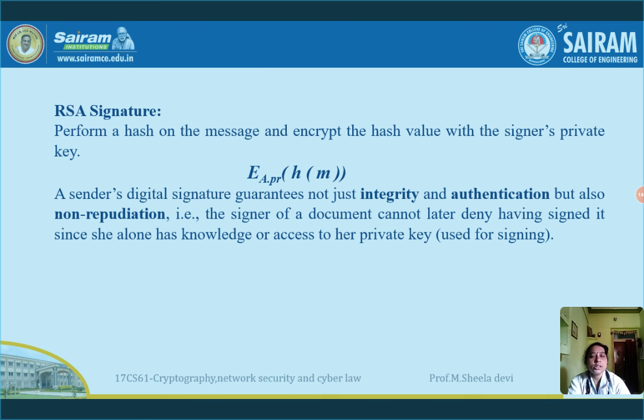And even the sender cannot refuse that he has not sent it, because it has been encrypted with his own private key. So he cannot say that the message was sent without his knowledge. So these are the three benefits which the RSA signature can give: integrity, authentication and non-repudiation.